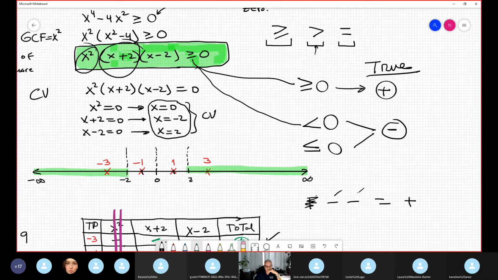So it's easy. I put here negative 2 with a bracket, positive 2 with a bracket. A bracket means that you include the endpoint. And 0 also, which represents one isolated point in the middle of nothing.